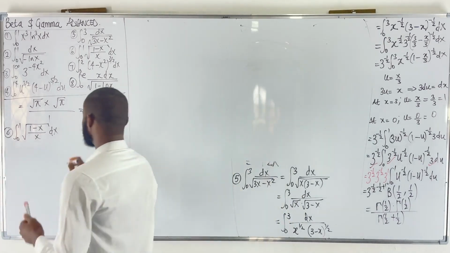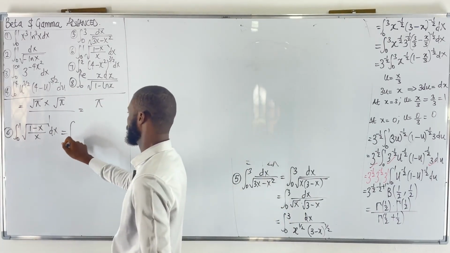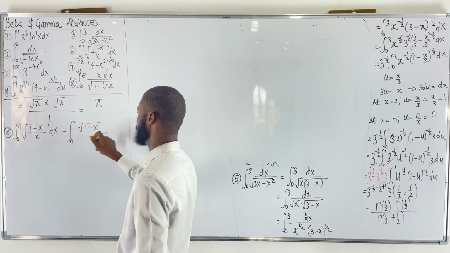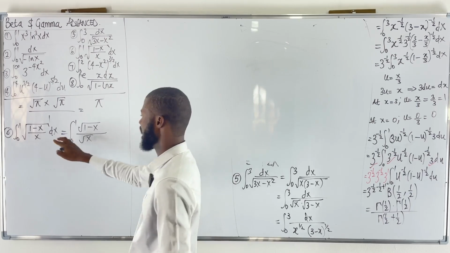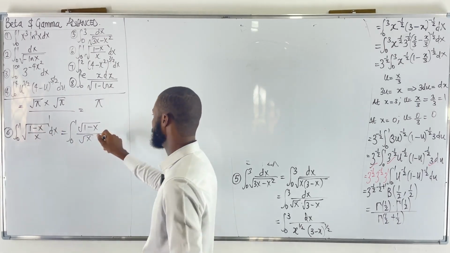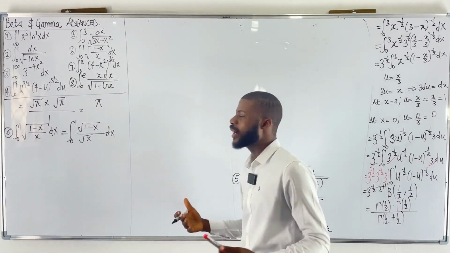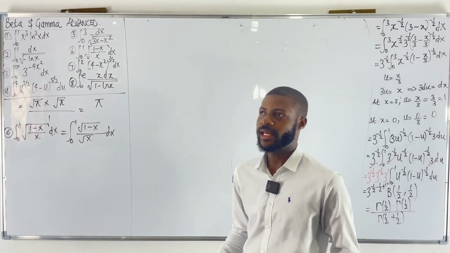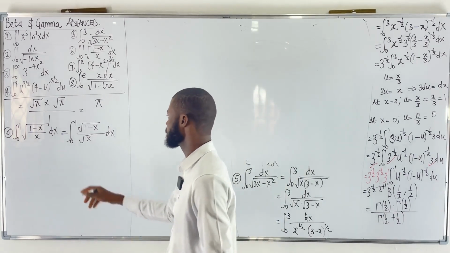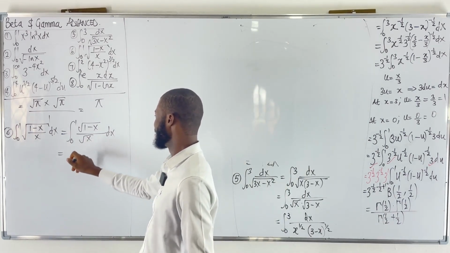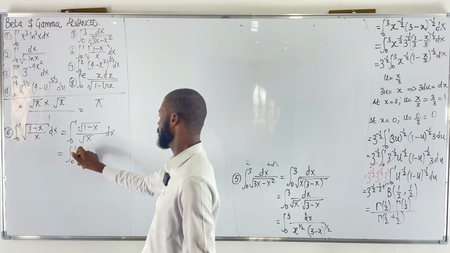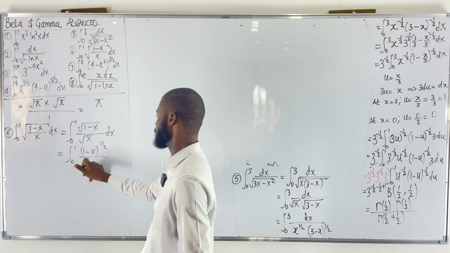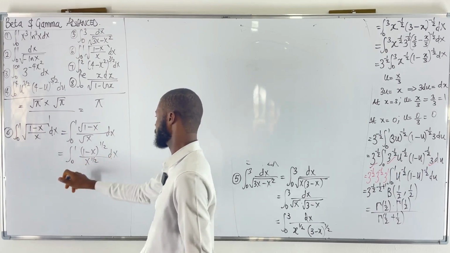Here's the thing. This would be the integral 0 to 1. I could say this is 1 minus x divided by x, with a root, kind of share the roots, dx. The key thing is identifying what you should do. Sometimes you just have to use your instincts. So this is integral from 0 to 1, 1 minus x to the power of half, divided by x to the power of half, dx.